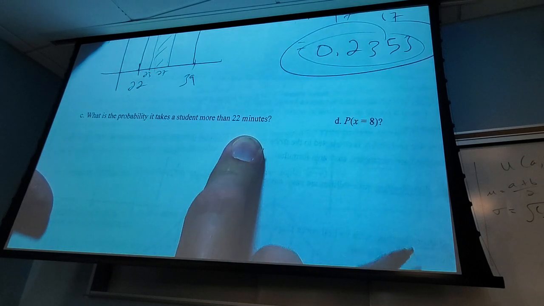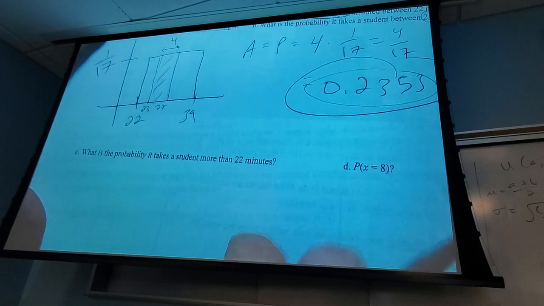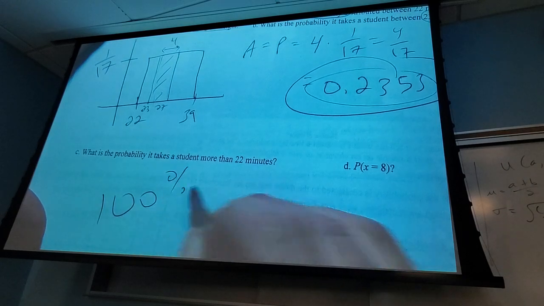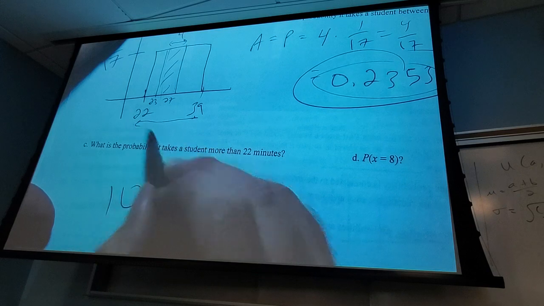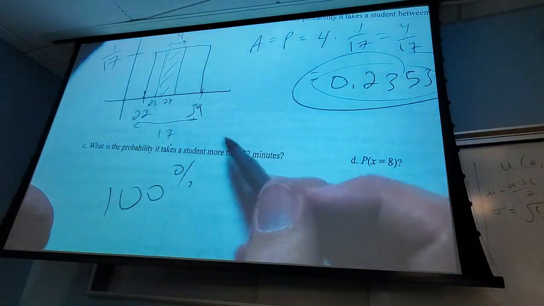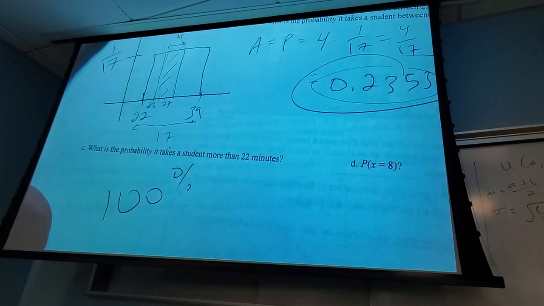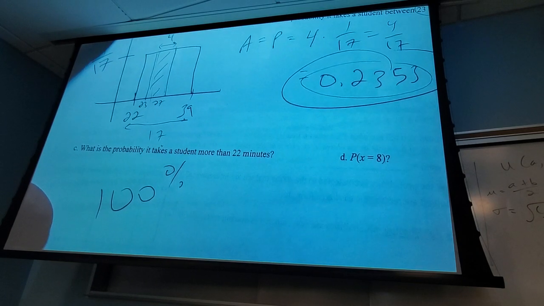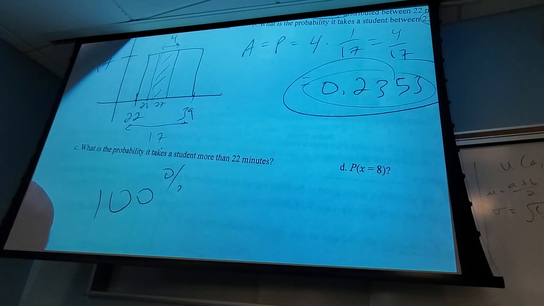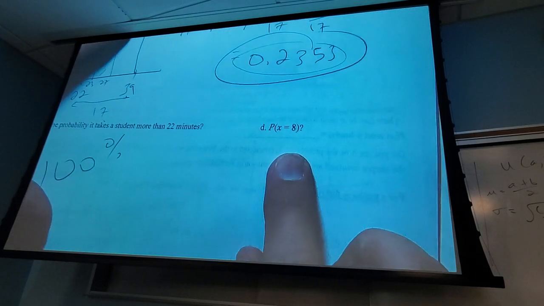More than 22 minutes: 100%. Another way to look at that is more than 22 would be all the way here. That's a width of 17 times 1/17, which is 100%. So you can do the work if you want to, but it's an easy answer because that's everything. So 100%.